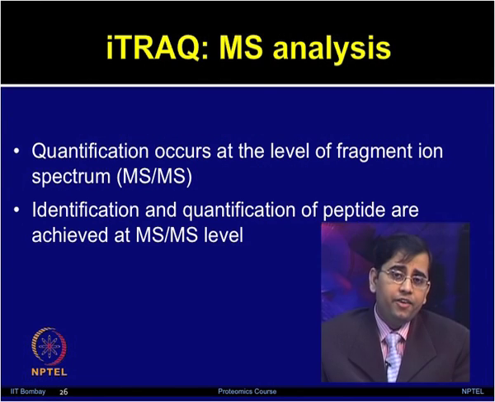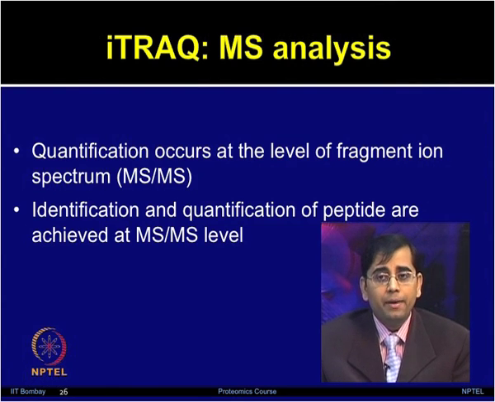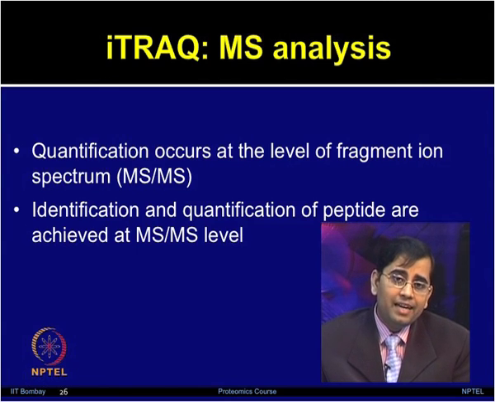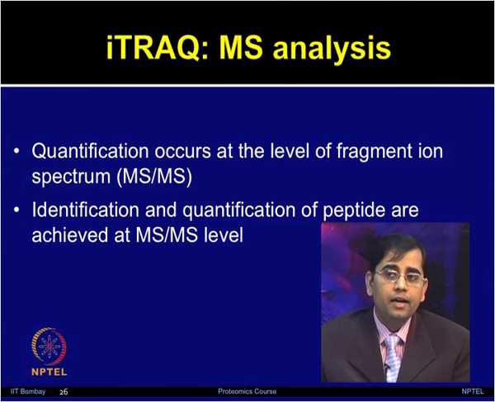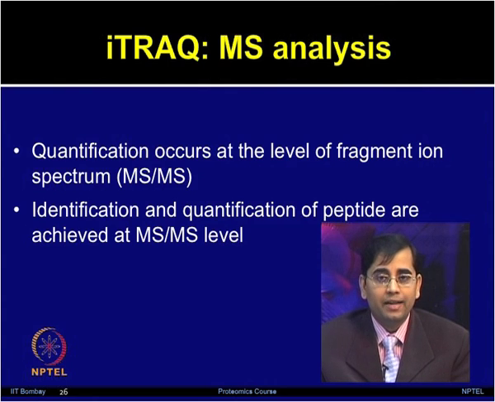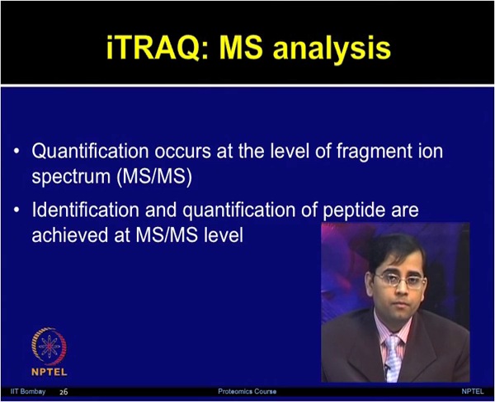So, in iTRAQ the quantitation occurs at the level of the fragment ion spectrum at the MS-MS level. Peptides with identical sequence but derivatized with different isobaric reagents are indistinguishable in the MS spectra alone. That is why only during the MS-MS phase can the quantitation happen.